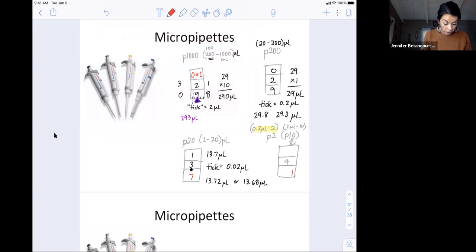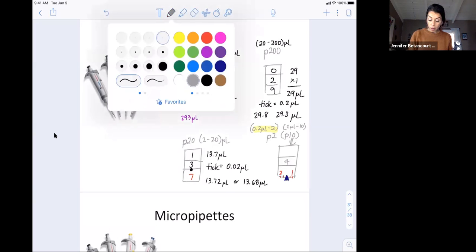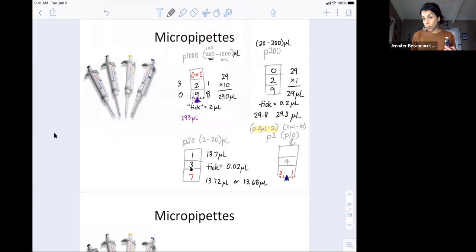The 1 is here and the 2 is here, and these tick marks look like this. And then we have the arrow right here of the pipette. Okay. So the top number of a P10 can only be 0 or 1. It should not go more than that.